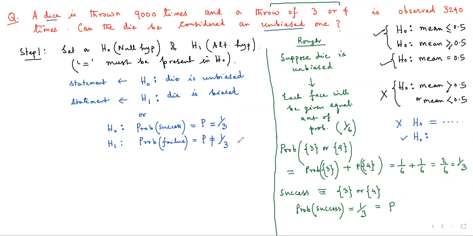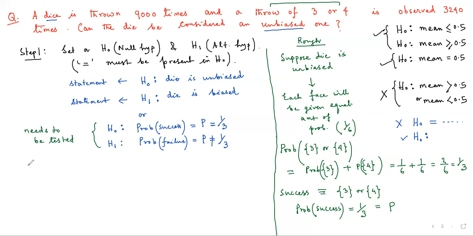I'm not interested in that, but at least we can say that this should not be equal to 1/3. Now, either H0 is right or H1 is right, that we do not know, and that we want to test in hypothesis testing. So this situation needs to be tested. This is our step number 1.